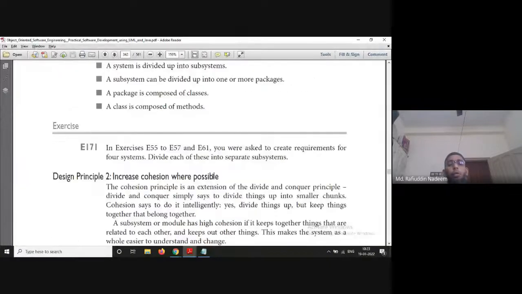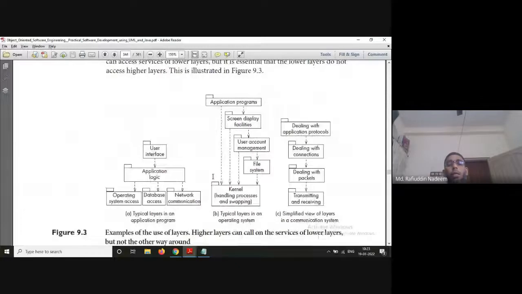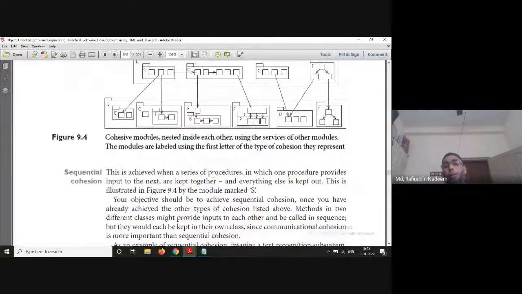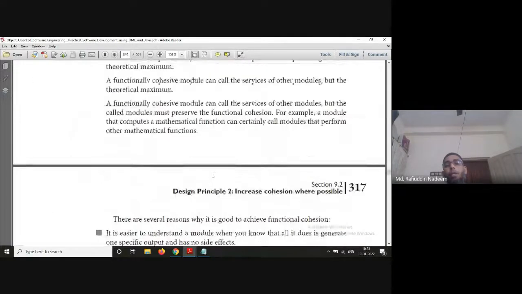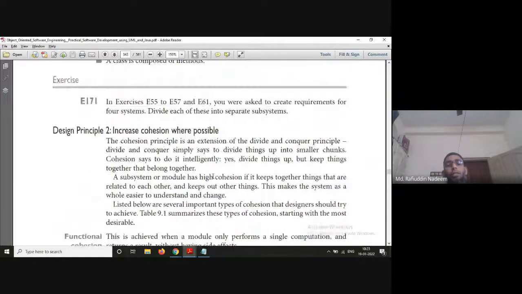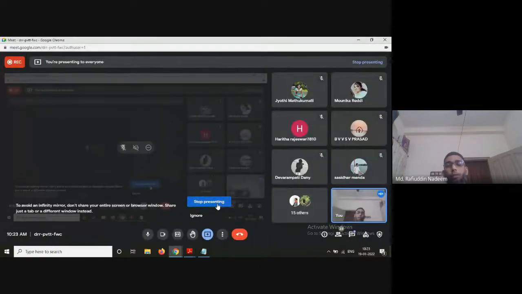We have 12 different principles, which require a very detailed study on how to design the system and what each design principle is saying. These are all things we will discuss in the coming class.